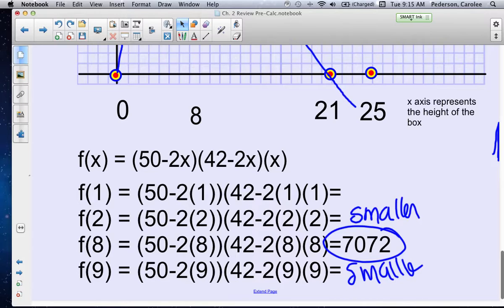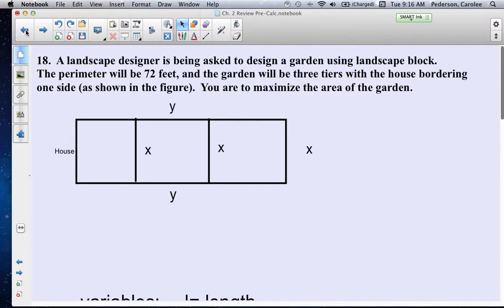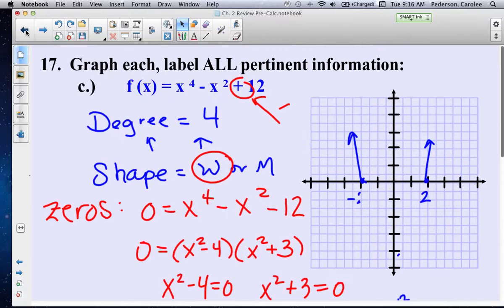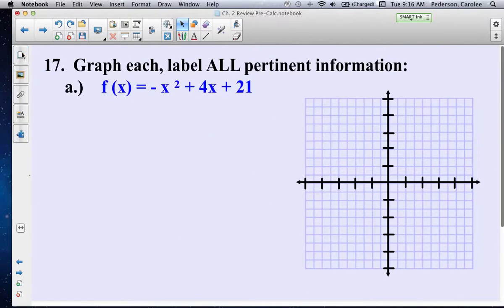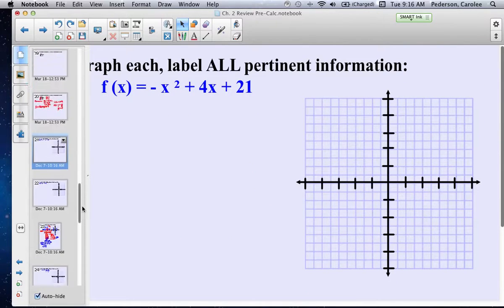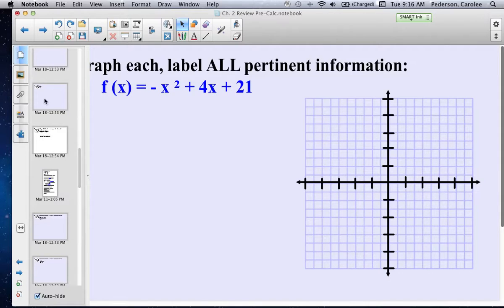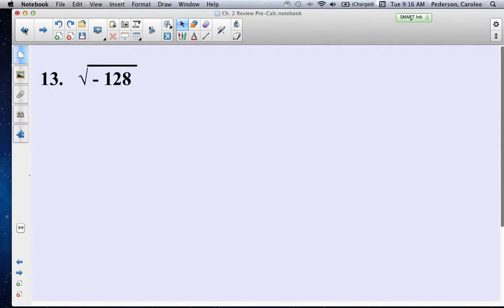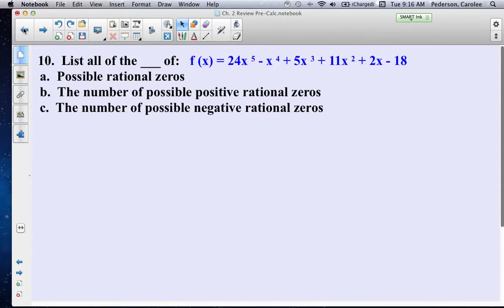The next question was, how do you find the possible rational zeros using the rational zero test? There's a lot of them.